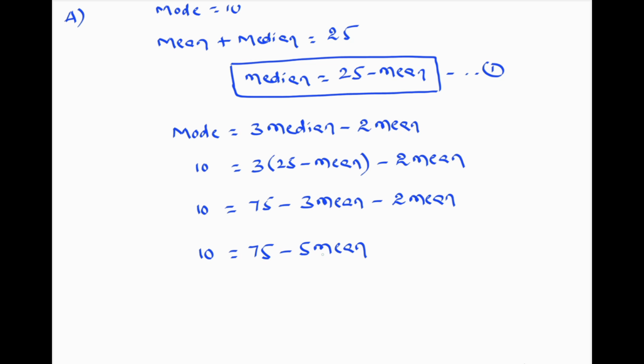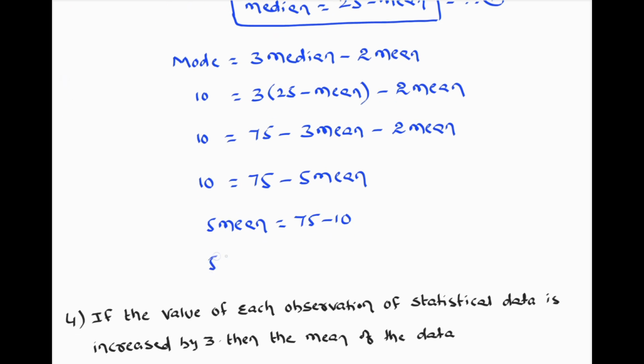As it is in negative, on transposing, okay, 5 mean is equal to 75 minus 10. Therefore 5 mean equals to 65. Therefore 5 1 ja 5 13 ja. So mean will be equals to 13. Mean is 13.